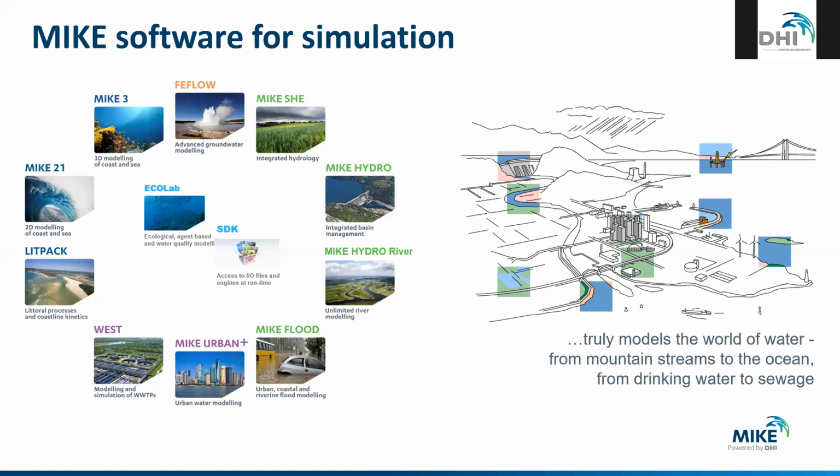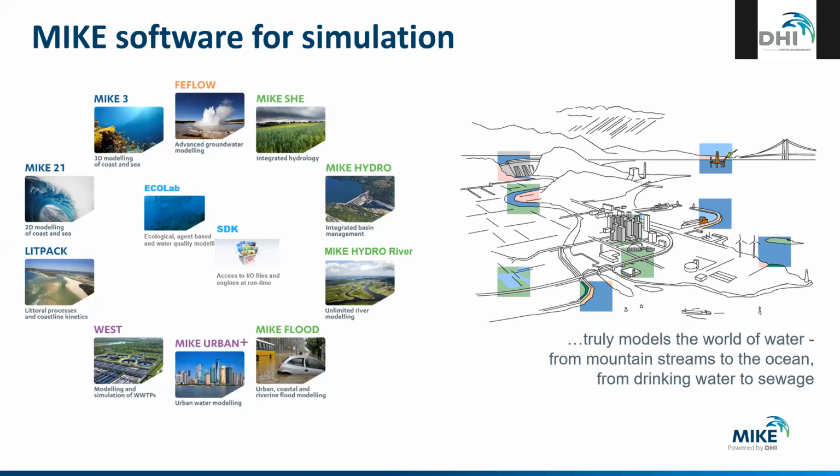And again, Ecolab sits on top of MIKE SHE, so you can simulate the environmental aspects of, say, wetlands, where you have to look at both surface flow and groundwater flow and the exchange between the two. And Ecolab then can add on top of that any processes that you want to describe that involve those interacting water bodies.